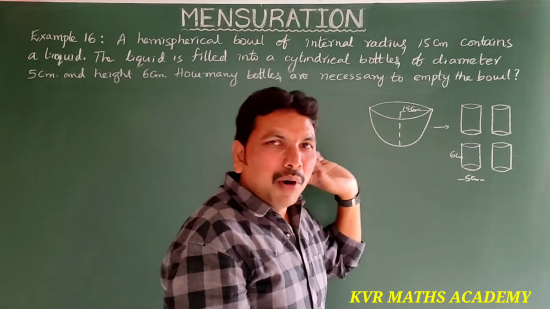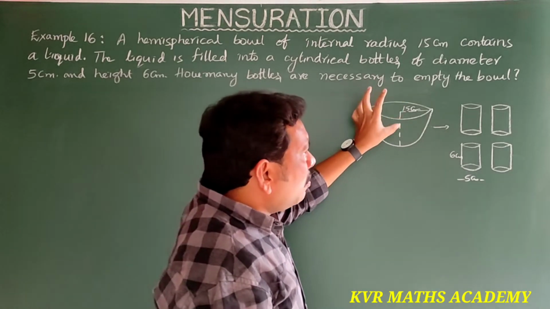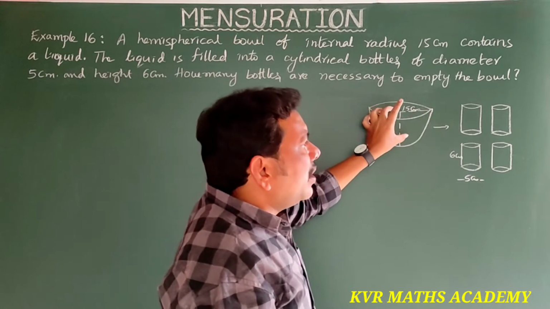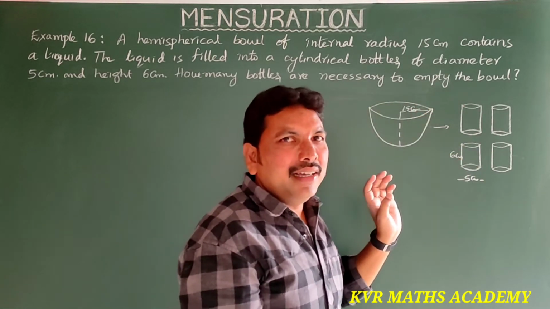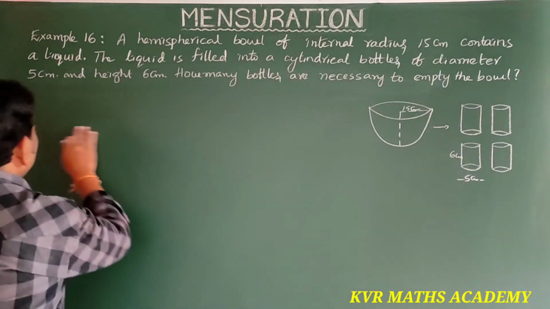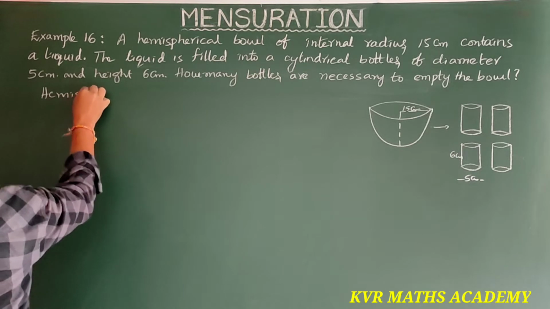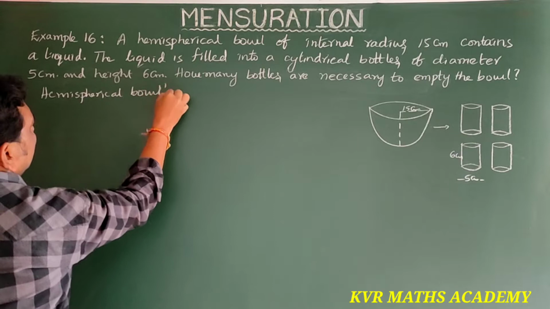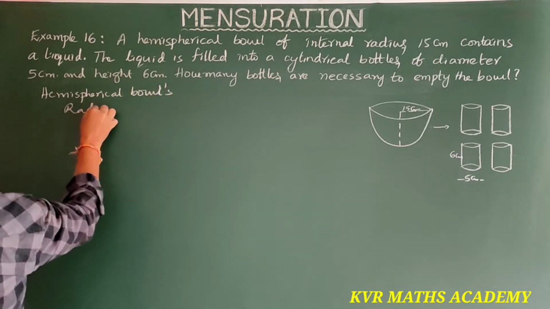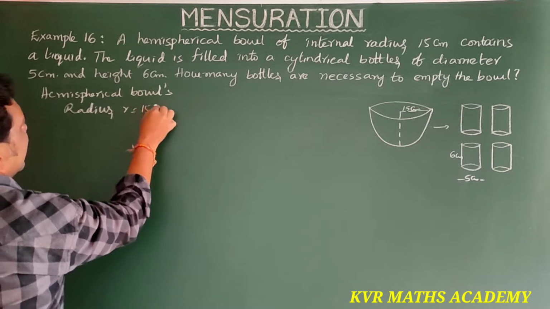To empty the bowl, let us find. Here, the volume of the hemispherical bowl is equal to the volume of the cylindrical bottles, right? Hemispherical bowl, radius R is equal to 15 centimeters.